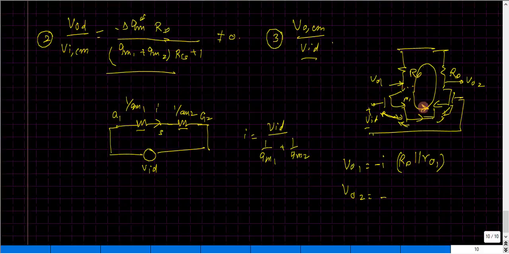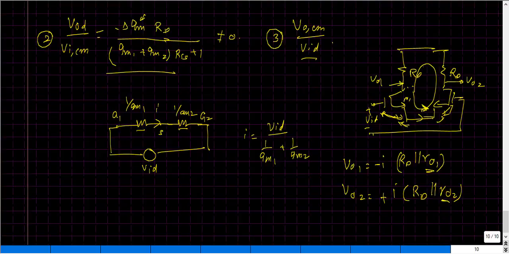Since I marked this current in this direction, for the case of VO2, the current is actually flowing away from this output, the highest potential, which I write as I times RD in parallel with RO2.